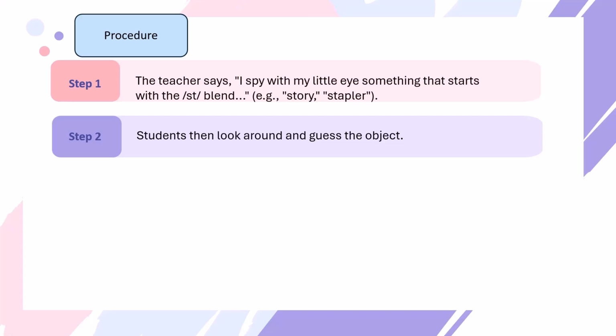Tell it by saying, I spy with my little eye something that starts with st. And then the students are required to look around and guess the object that starts with that particular blend. This way, they get to have fun looking around and also understand blends while enriching their own vocabulary.